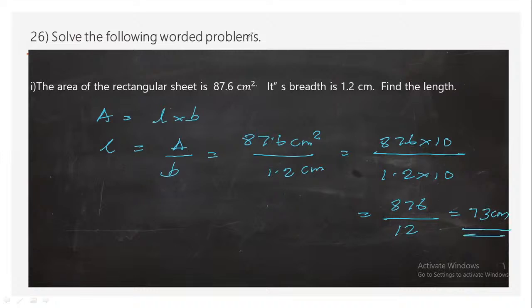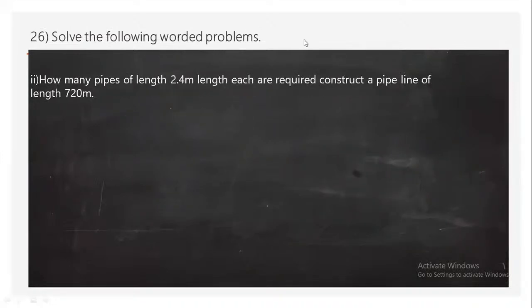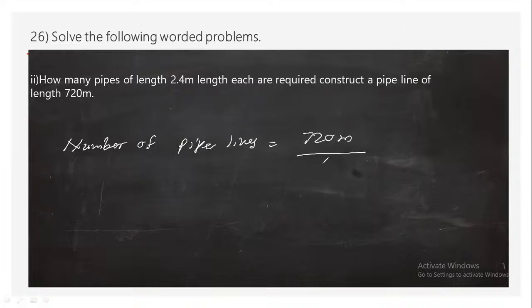Next question, question number 26 part 2. How many pipes of length 2.4 meters each are required to construct a pipeline of 720 meters? Then you have to divide: number of pipes equals 720 meters divided by 2.4 meters.